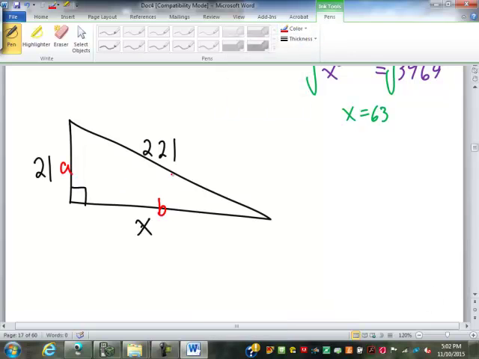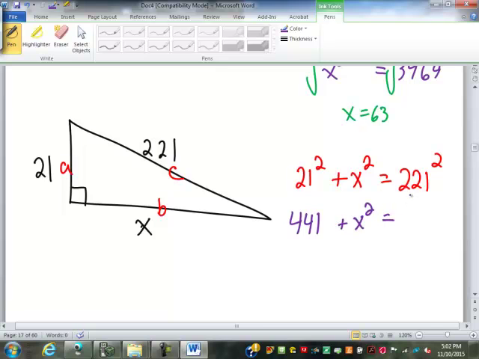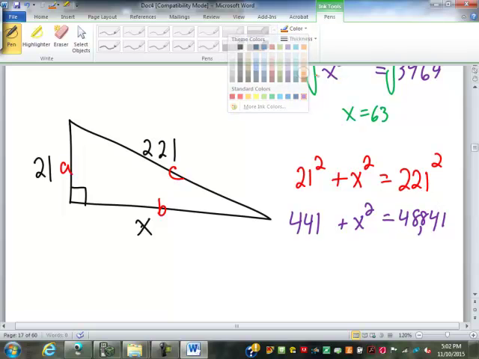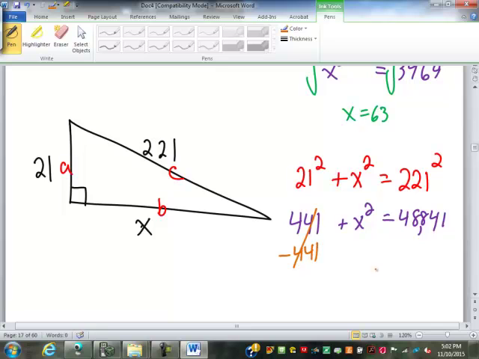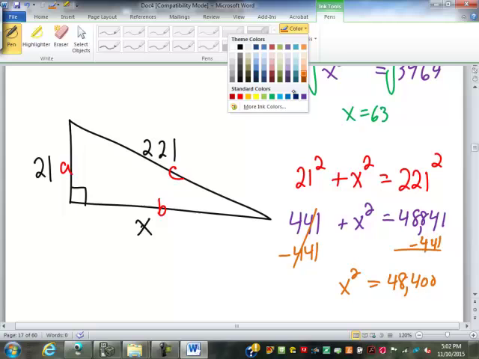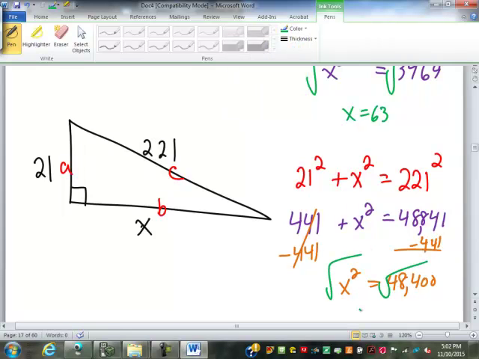So A, B, C. So 21 squared plus x squared equals 221 squared. 21 squared is 441. 221 squared is 48,841. We subtract the 441. 48,400. And we square root it to get 220.